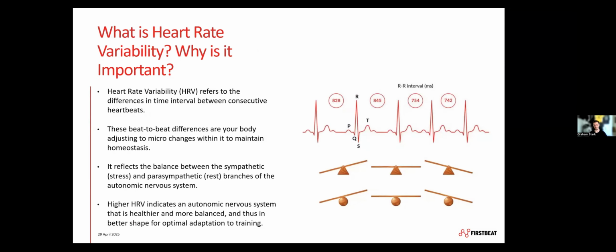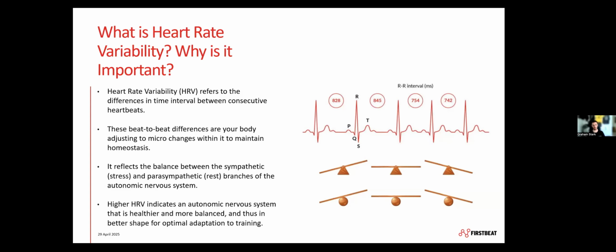So first of all, what is heart rate variability? Some of you may well be familiar with it as a concept, but some of you maybe not. In essence, it is the time differences between every individual heartbeat. Your heart rate is continually fluctuating. When you're at rest, when you're breathing in, your heart rate will very slowly speed up, and then when you breathe out, it will slow down slightly.